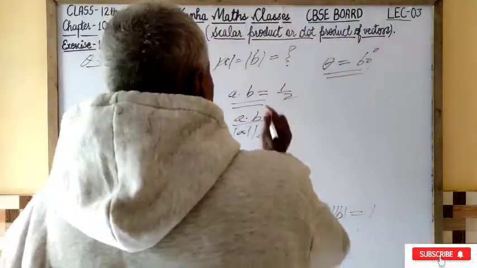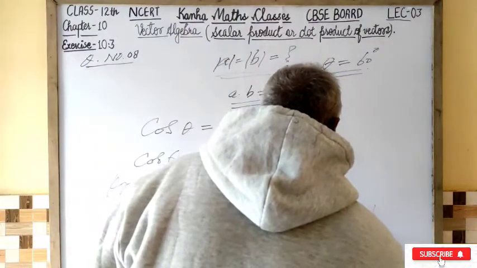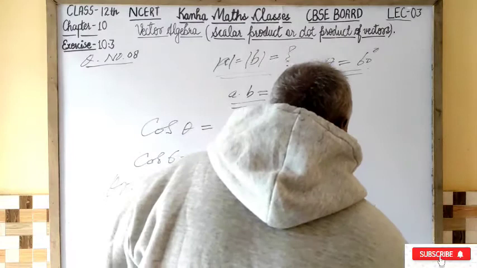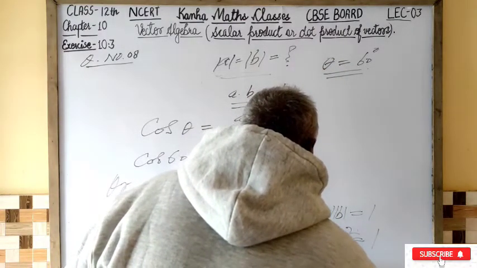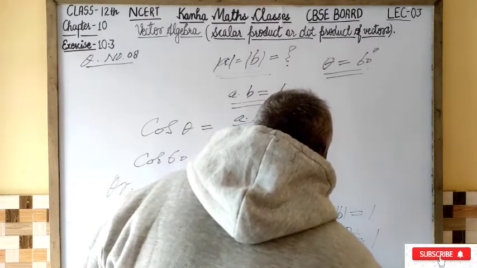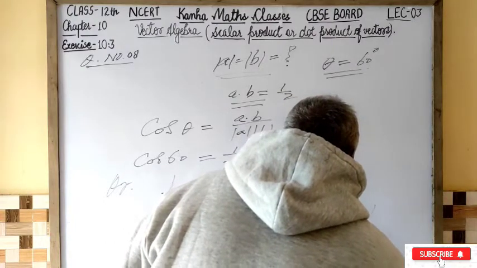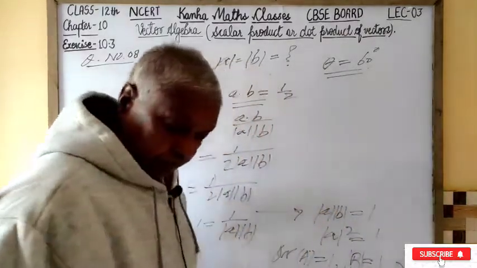Since they are equal, mod of A square is equal to 1, or mod of A is equal to 1, hence mod of B is also equal to 1. This is the requisite answer.